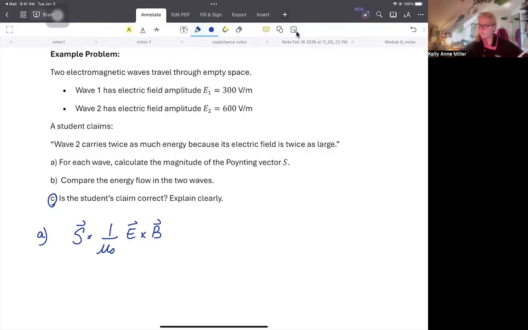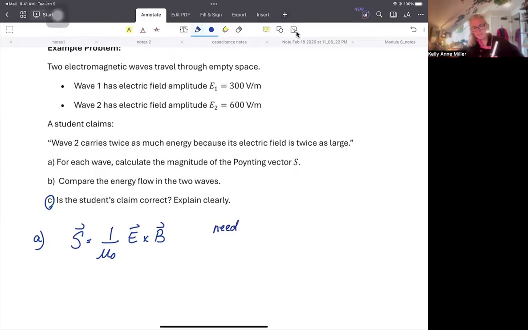Okay, so for S1, I'm given the electric field for both waves, but I need the magnetic field for both waves. So I can just use the technique that I just showed you in the previous example problem to calculate that. I'm not going to make it into a vector because I'm just going to calculate the magnitude.